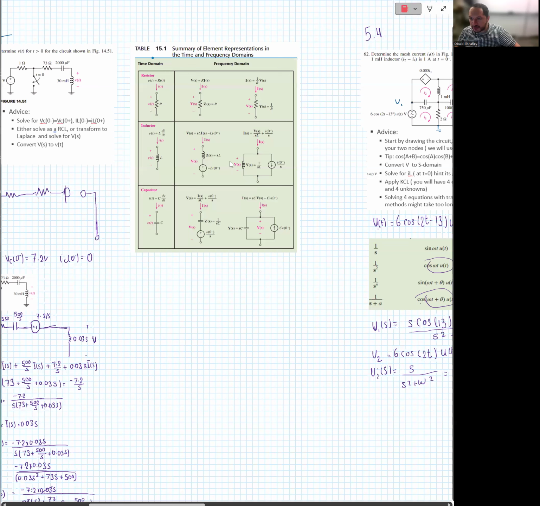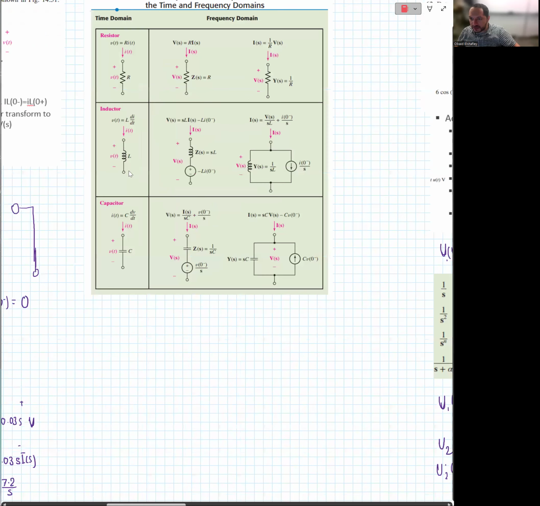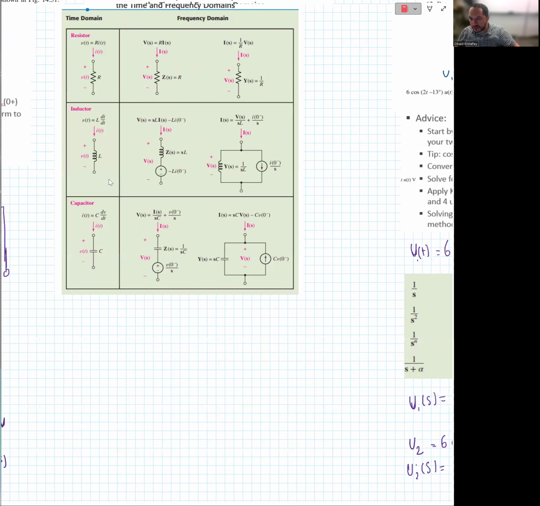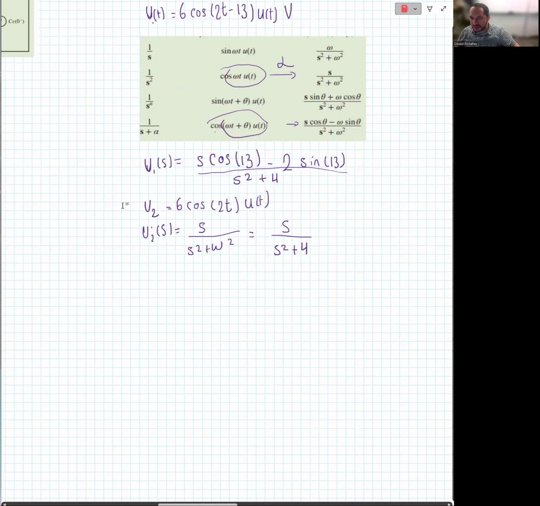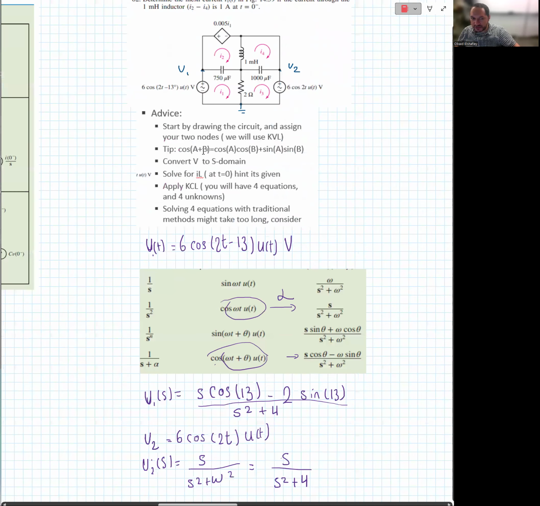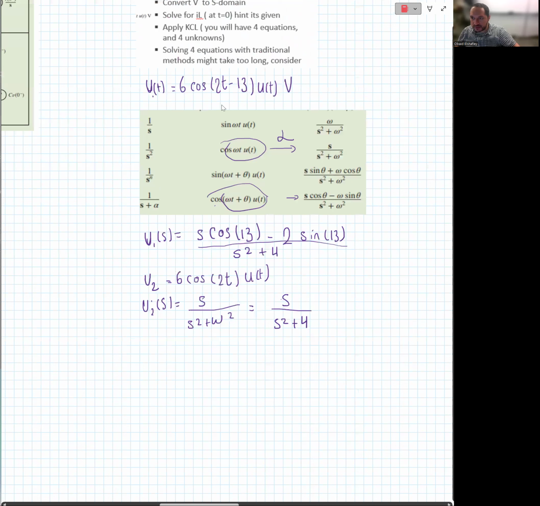And from this table, we mentioned that an inductor is converted in the S domain to an impedance with a voltage source with the following value, negative L I(0). Taking this into consideration, let's convert the circuit into the S domain.